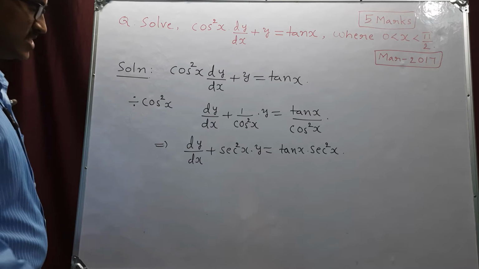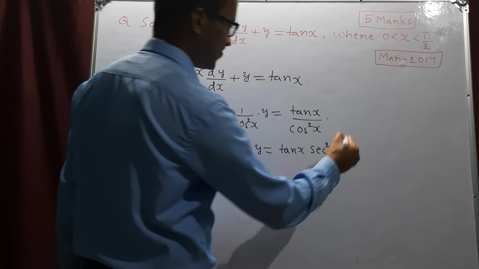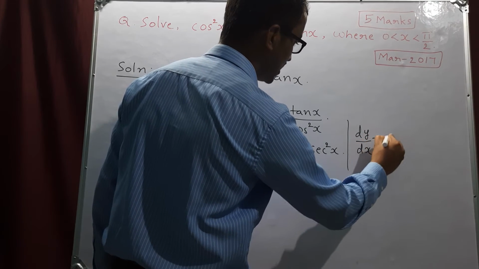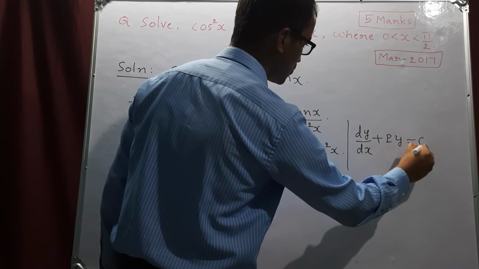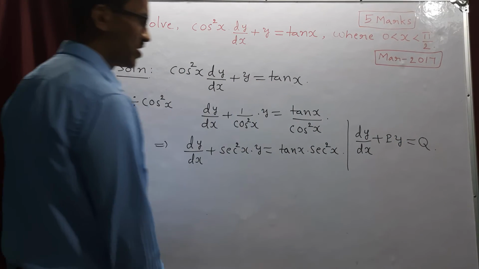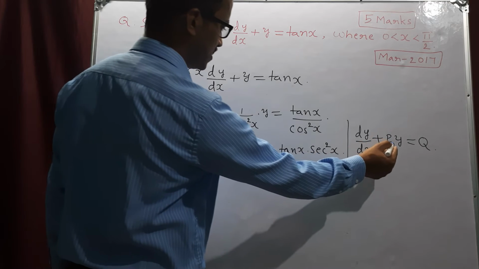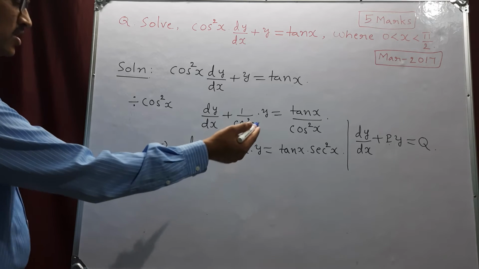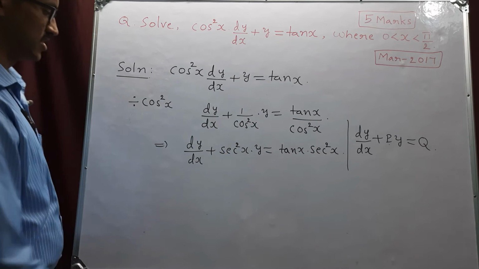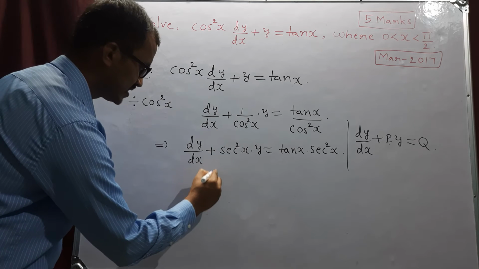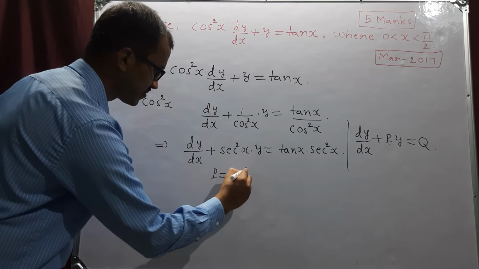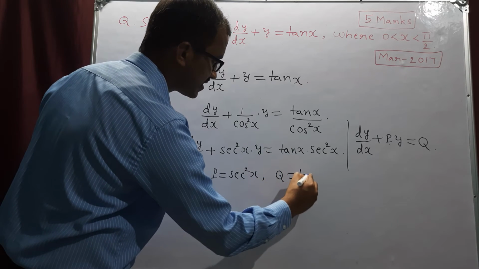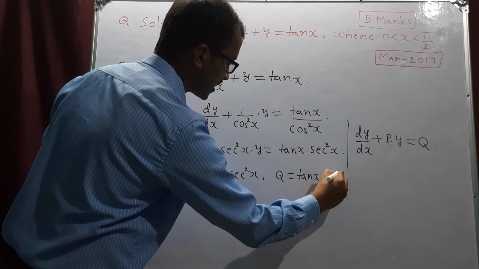Now if we check with the standard linear differential equation, that is dy by dx plus py is equals to q, this is the standard form of the linear differential equation where p and q are functions of x. If we compare these two equations, we get the value of p as secant square x and the value of q as tan x into secant square x.